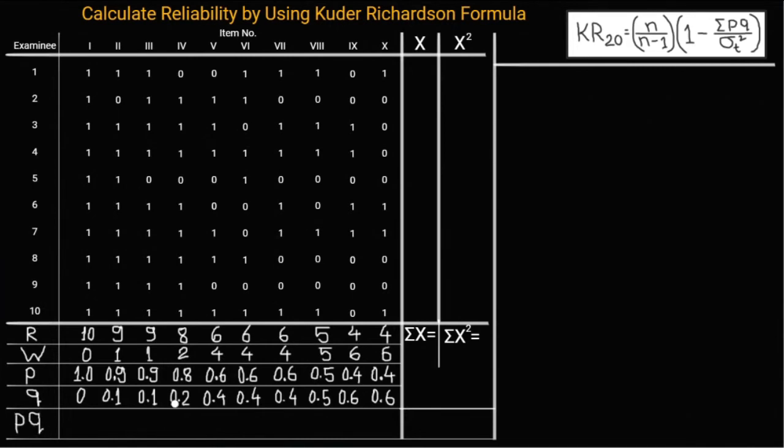The next step is to calculate PQ. Okay, here we multiply the P row and the Q row.